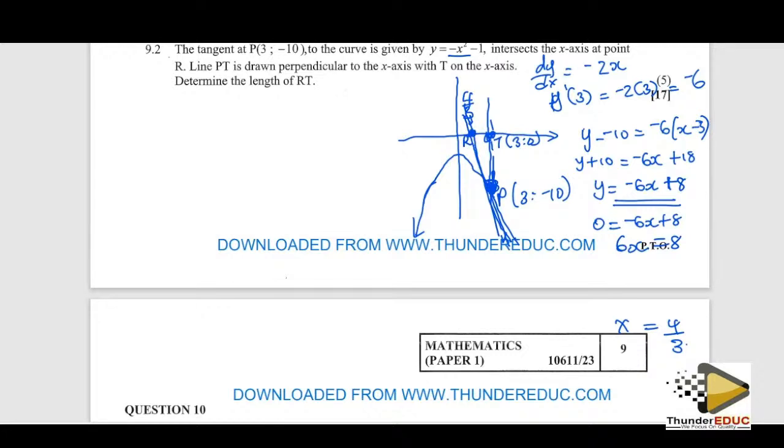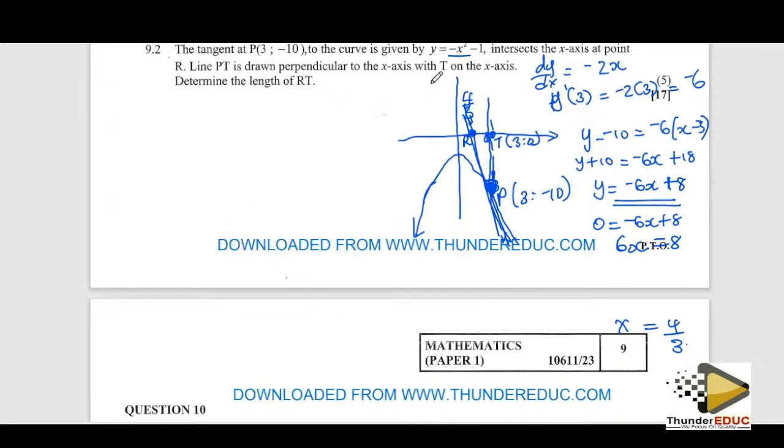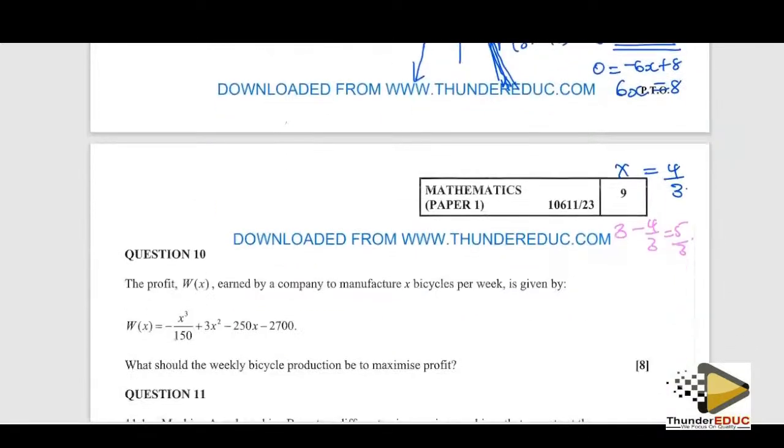For that distance, you just need to subtract since it's on the x-axis. So I'll say 3 minus 4/3. That gives me 5/3 units. So that is question number 9.